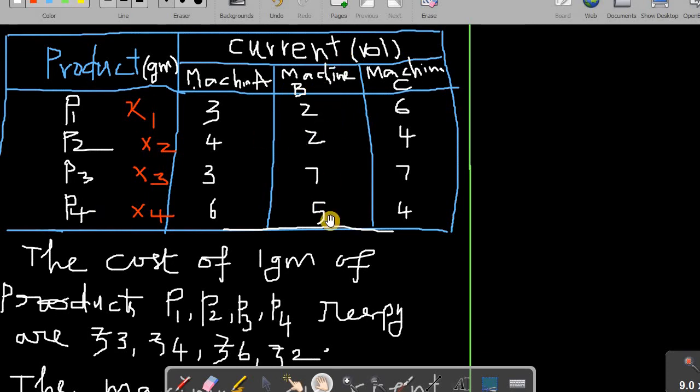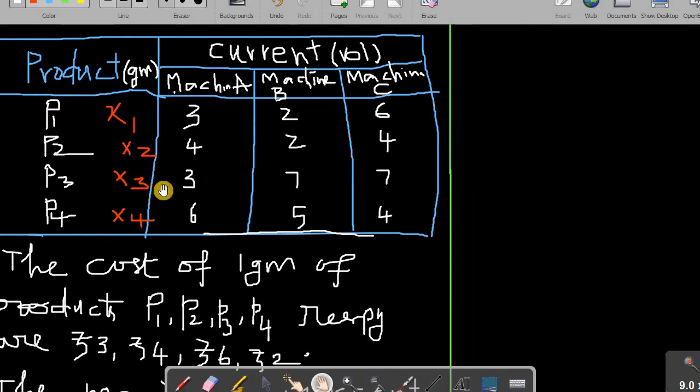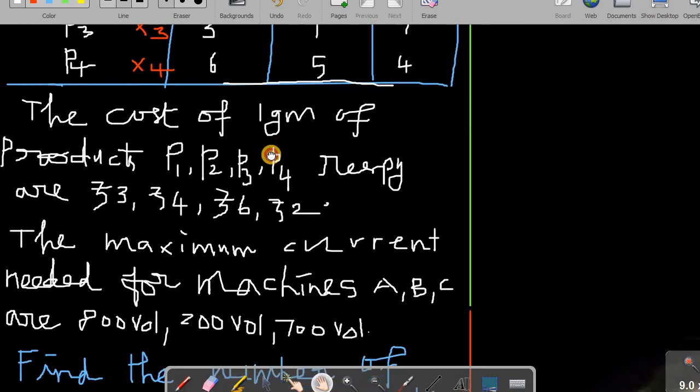So if you add all of them, I mean 2x1 plus 2x2 plus 7x3 plus 5x4, that total must be less than or equal to what is given here, which is 200.